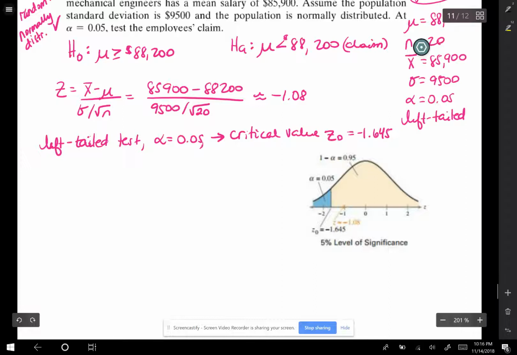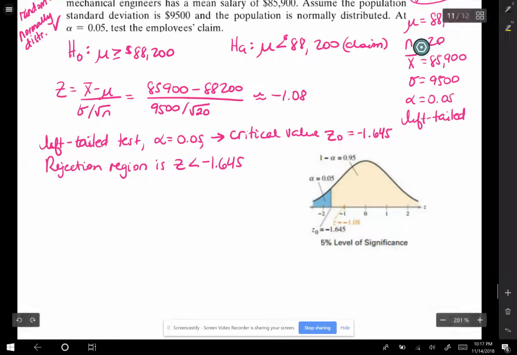So what that means is, because it's a left-tailed test, we're going to reject anything to the left of that. So our rejection region will be when z is less than the critical value. Because it's a left-tailed test, we're going to reject when it's less than.